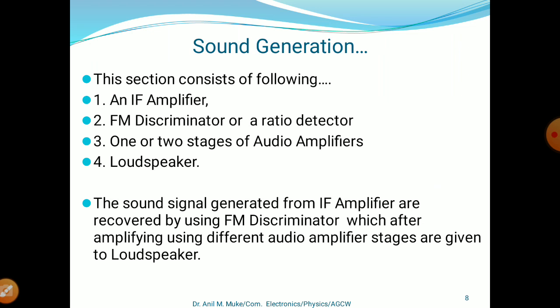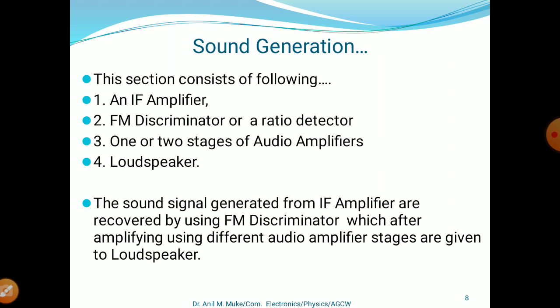Now for generation of the sound, 4 different sections are used. One is an audio intermediate frequency amplifier, the second is the FM discriminator or a ratio detector, third, one or more stages of audio amplifiers are used, and the last one is a loudspeaker.